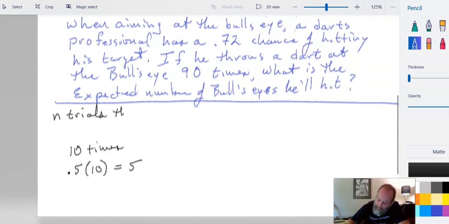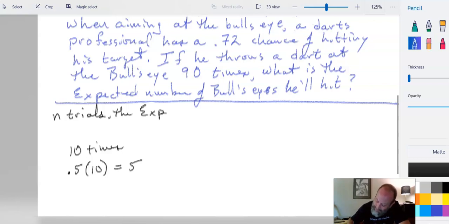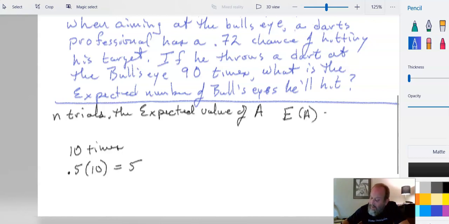In n trials, the expected value of A, which is written quite often E of A, is equal to the number of trials times the probability of A occurring.